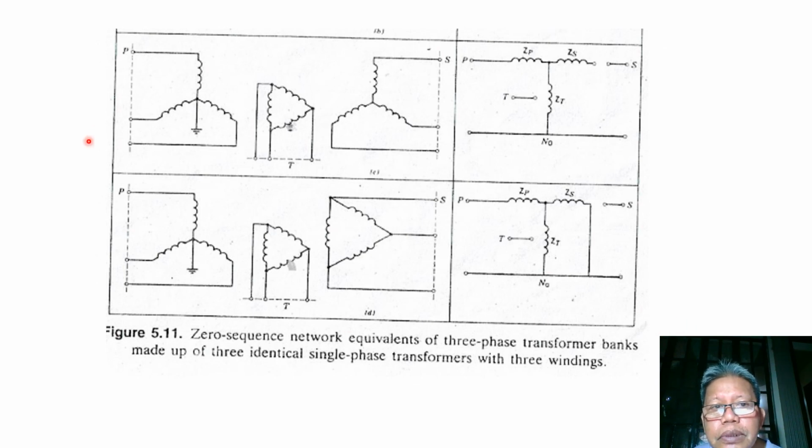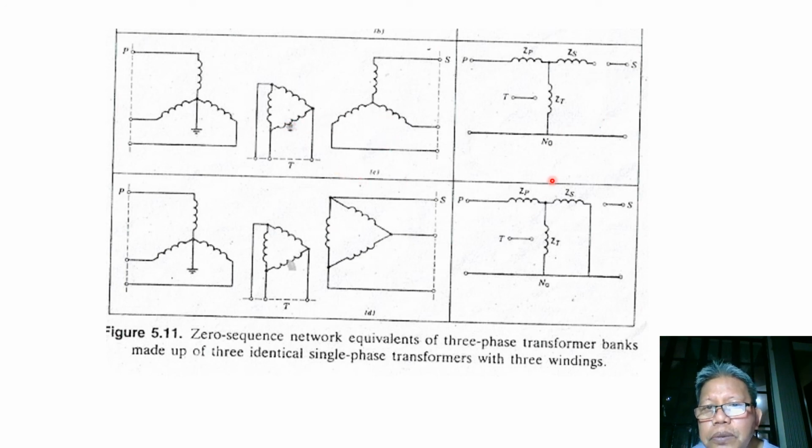Now we have also a three winding transformer with Y connected primary grounded and Y connected secondary ungrounded. So here at the primary, zero sequence current can flow to the neutral of the three winding transformer equivalent circuit. But at the secondary, the zero sequence current cannot flow, so it's open here because it is ungrounded.